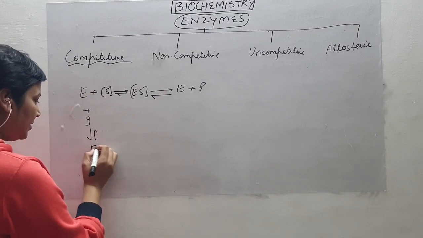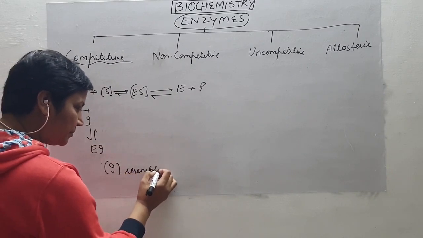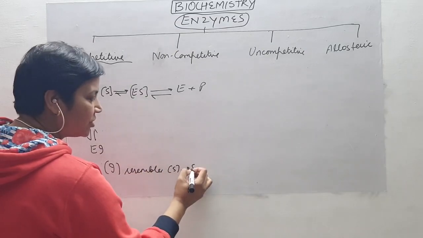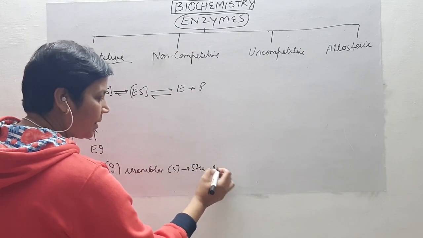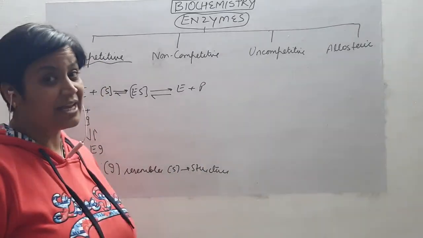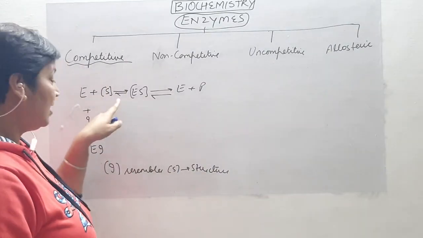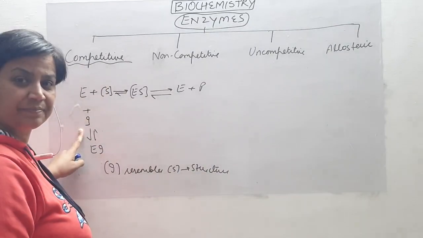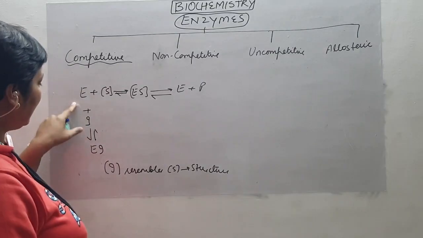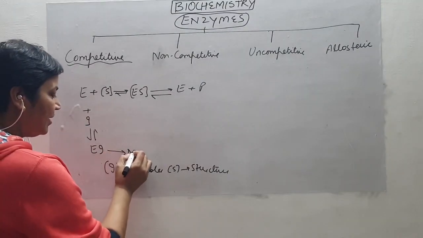Why? Because the inhibitor resembles substrate in structure. So what happens is, because the active site is there, this enzyme, instead of binding with the substrate, it can bind with the inhibitor. So when the enzyme inhibitor complex is there, no reaction will be there.